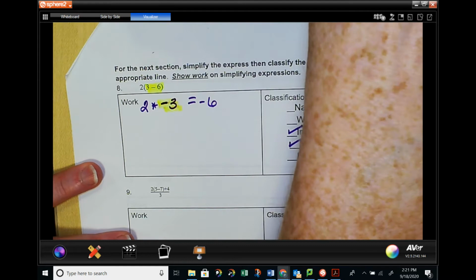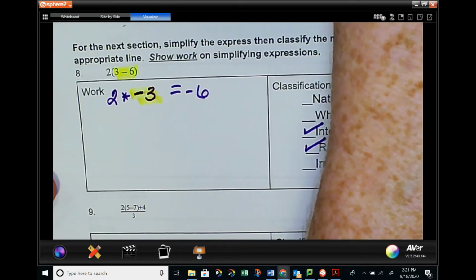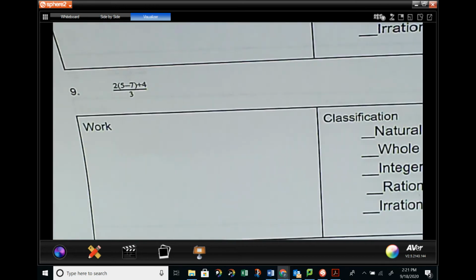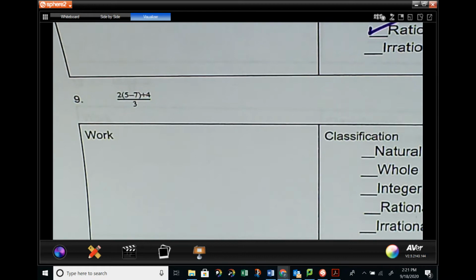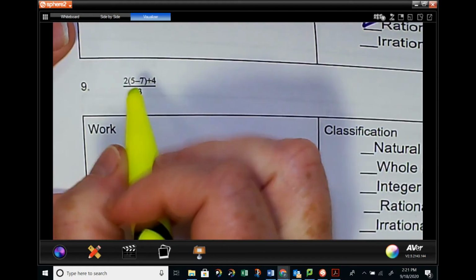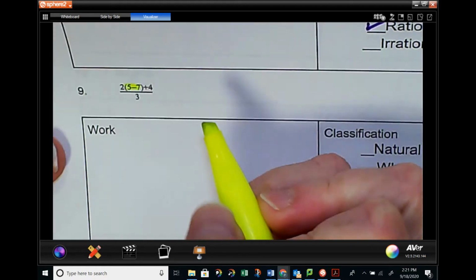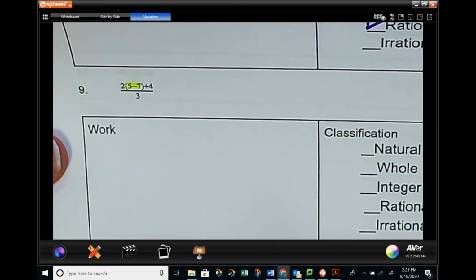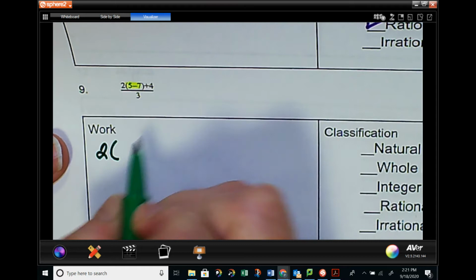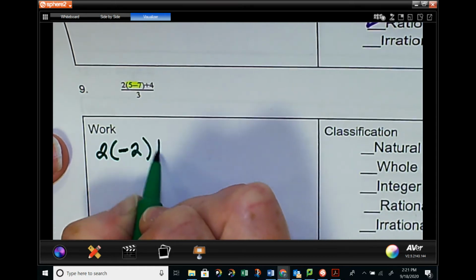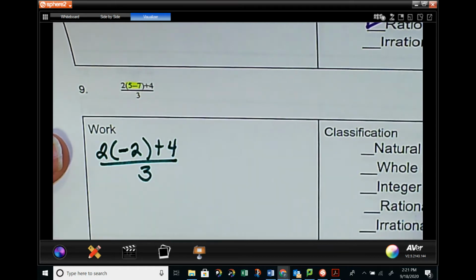And then I'm going to make this bigger so we can actually see it. So the next one, we're going to go through and do my work. I'm going to do my PEMDAS rules, working from the parentheses first. So I have 5 minus 7, which is negative 2, plus 4 over 3.